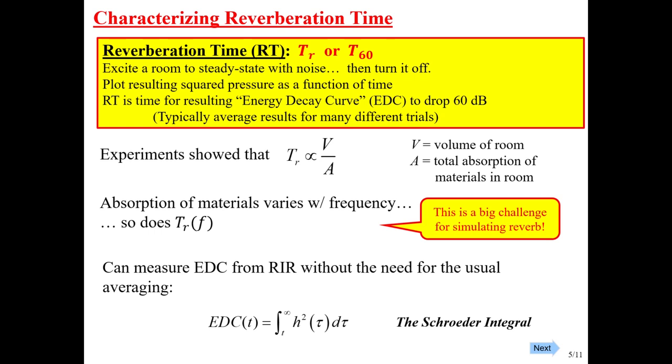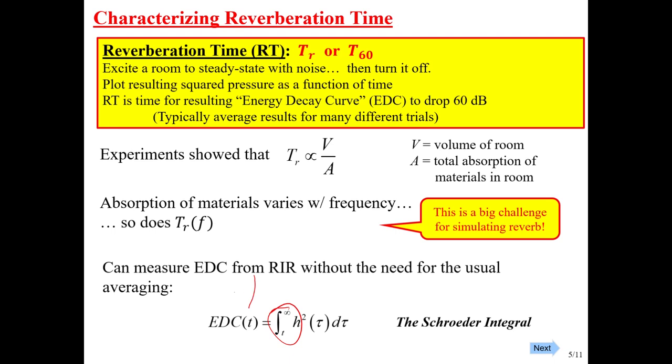And this is just a different way of characterizing the EDC. And we're showing it as a function of time, just like we talked about up here. But instead of measuring with noise like we did up here, we basically find the impulse response. So H here is the impulse response of the room. We square it and then we integrate from t to infinity.